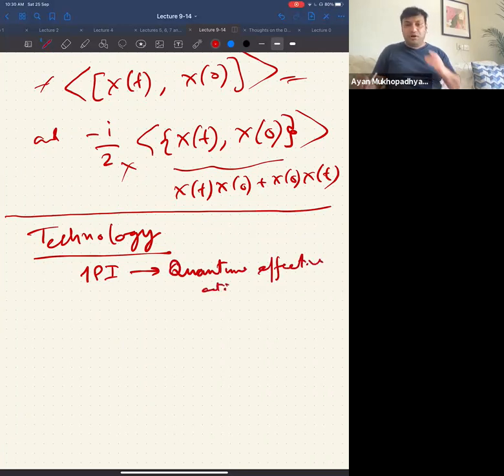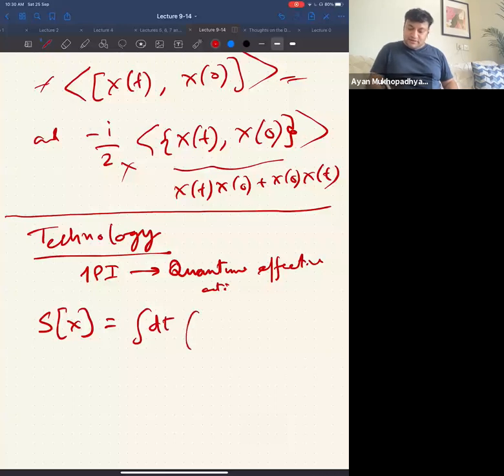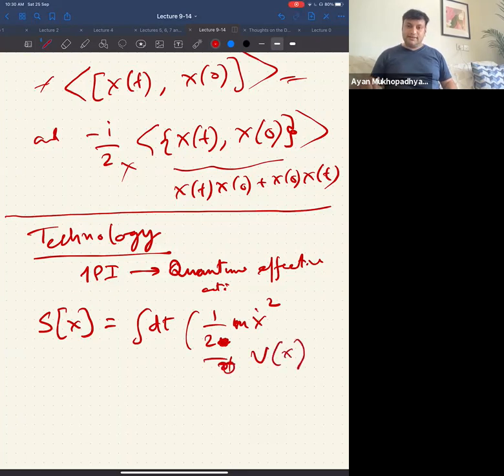Okay, so what's the point of it, right? Let me illustrate. This action would look something like this. S of x would be the standard Lagrangian that we see, the integral dt of half m x dot squared minus V of x, right?